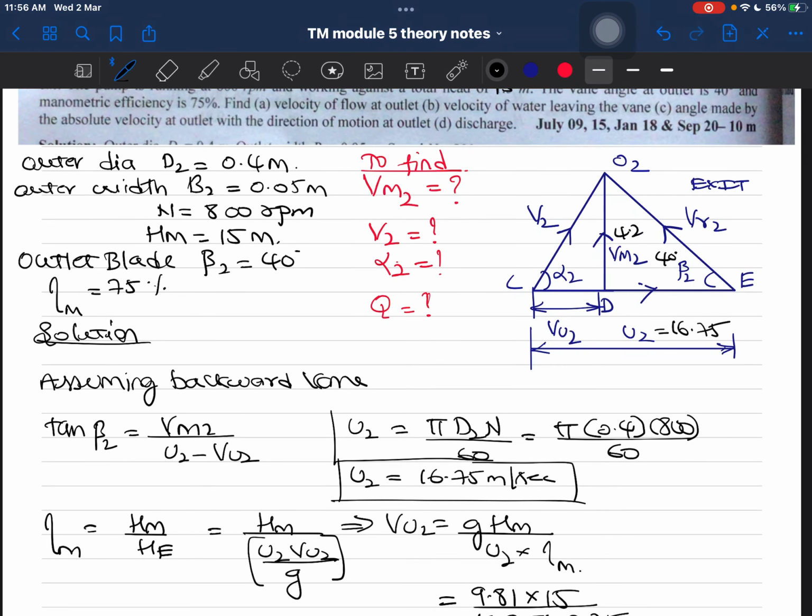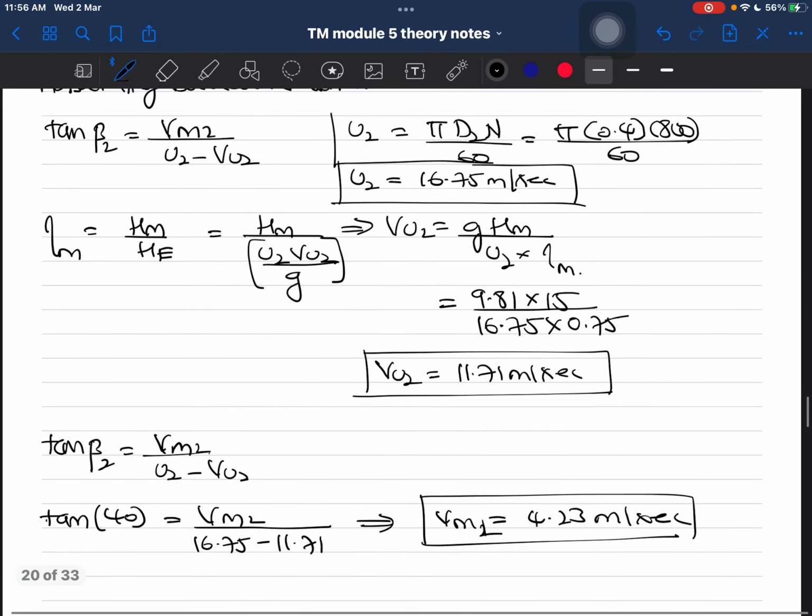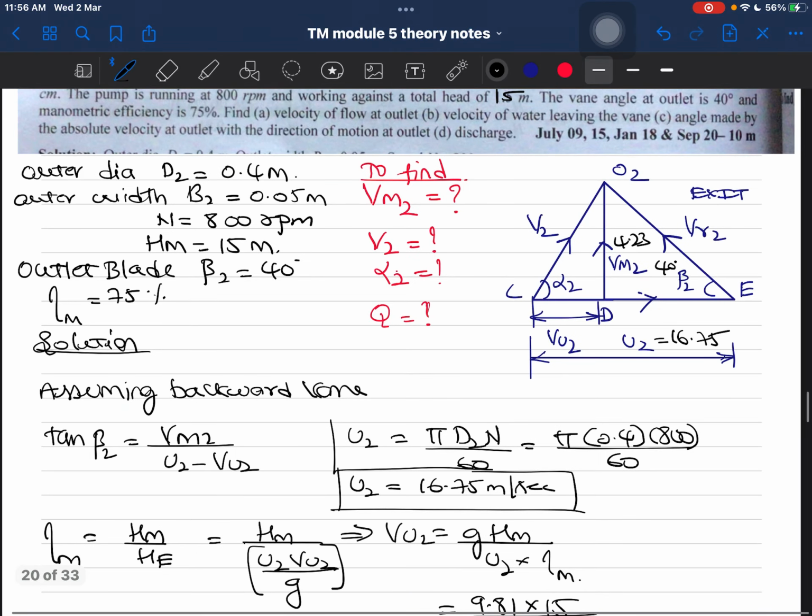Next, you have to calculate the value of alpha 2, which is this, and the value of V2, which is this. You have the value of Vm2 and Vu2 is also calculated. I'll just enter the value, it is 11.71.